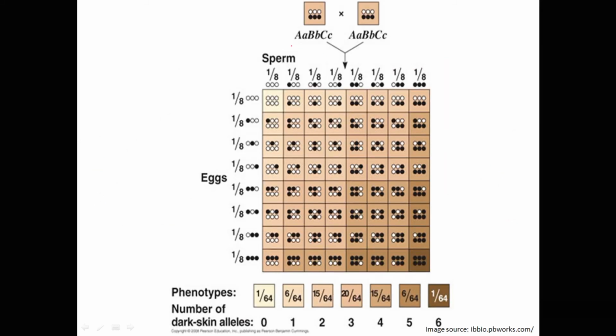In the following cross between mulatto genotypes, each parent produces 8 different types of gametes. These are the male gametes, sperm shown, and these are the 8 different types of female gametes, that is eggs shown. That's why 8 columns and 8 rows are taken in the Punnett square.